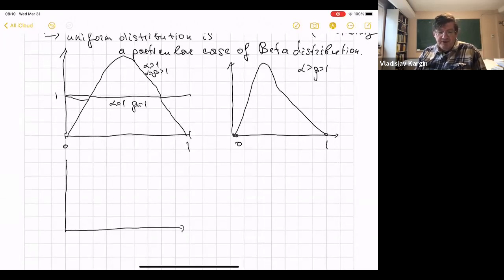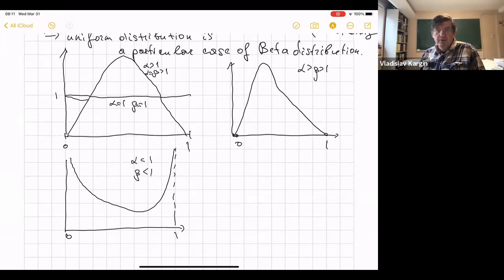If alpha and beta are smaller than 1, then you can achieve a shape like that, for 0, 1, with alpha smaller than 1, beta smaller than 1. So by choosing different alpha and beta, it's possible to fit, at least approximately, many distributions on the interval from 0 to 1. Okay, so this is the role of it.